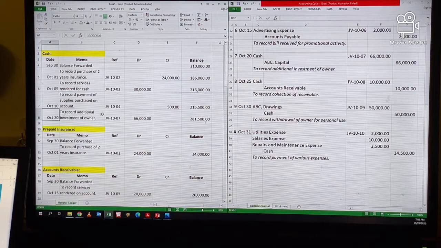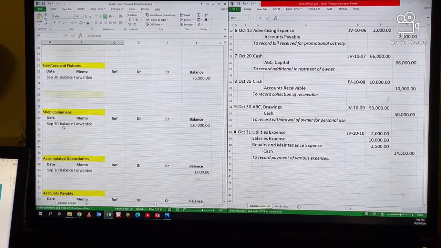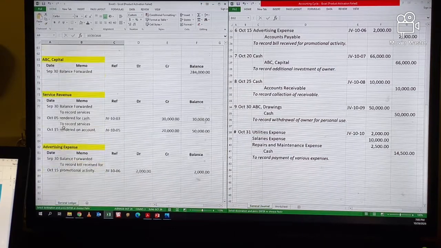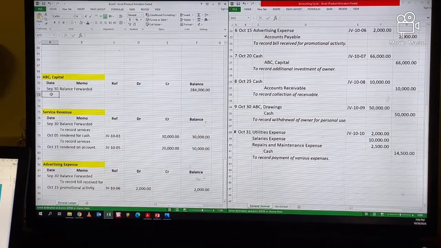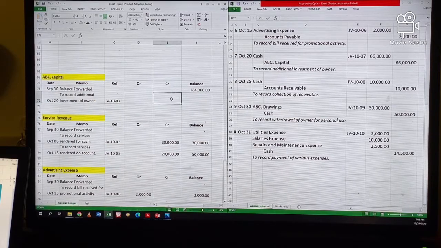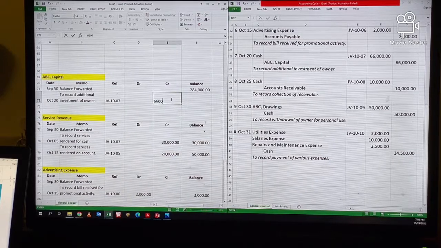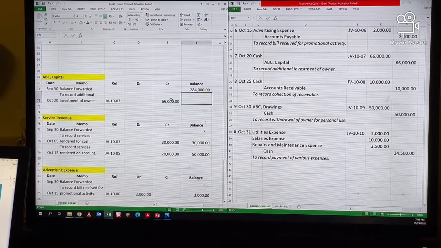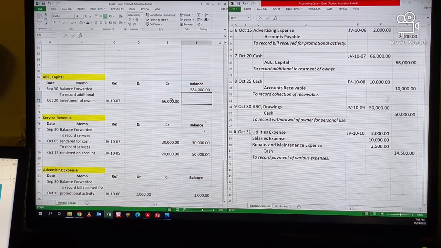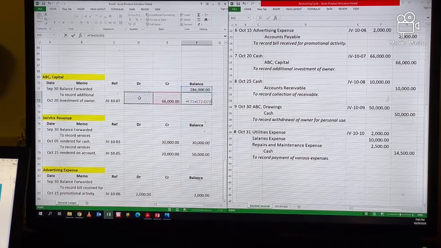Credit natin ay ABC Capital kasi additional investment. So, pag increases in capital, credit siya. Dahil ang balance mo normally pag capital ay credit balance, dahil credit yan, i-add mo siya. So, ito, plus credit, minus kung may debit.